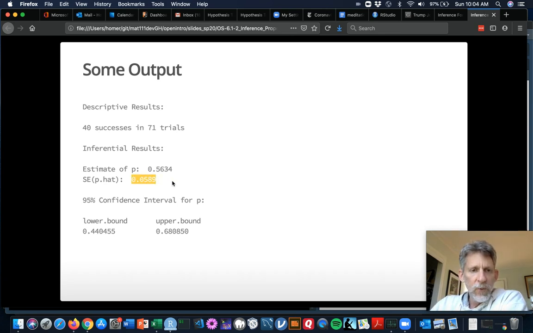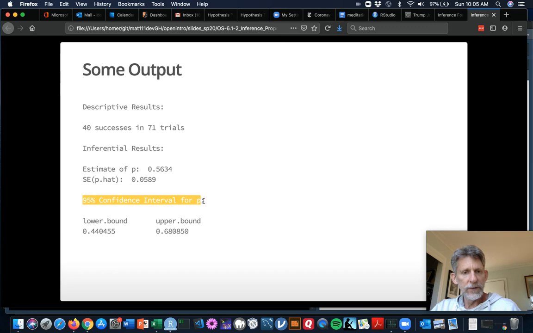It's about 5.89%. So our best guess could easily be off by 5.9% or so. And we see a 95% confidence interval for the unknown population parameter p. You get a 95% confidence interval by default. And it runs from 44% to 68%.